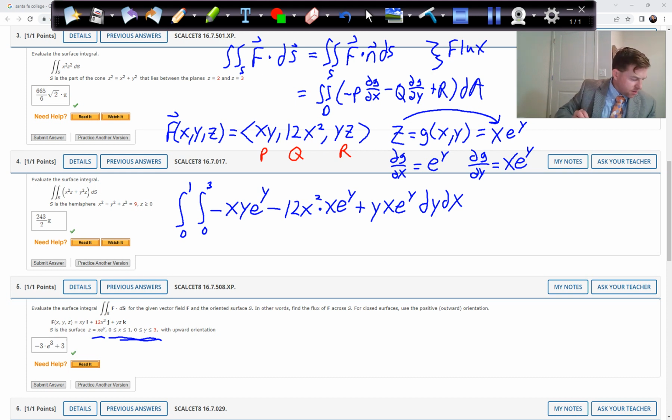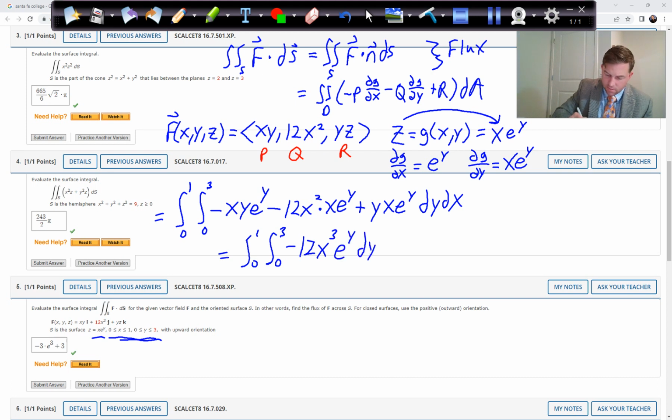And let's see, is there more simplifying I want to do here? It looks like you can simplify this to be 0 to 1, 0 to 3 of simply negative 12x to the third e to the y dy dx.